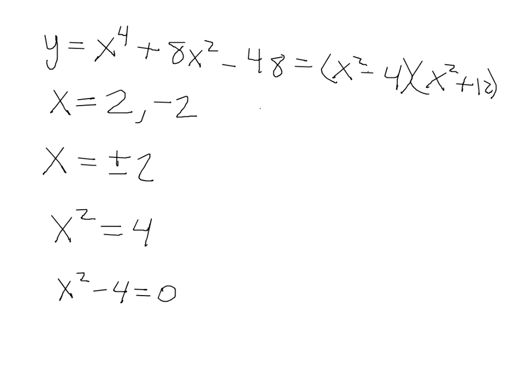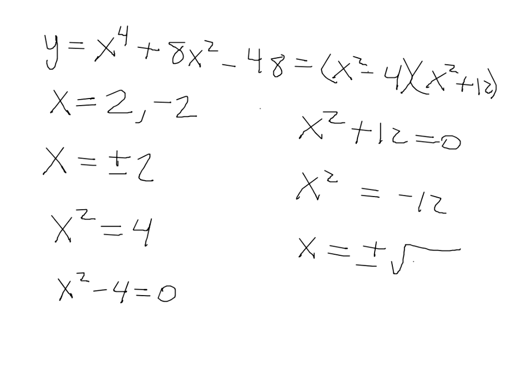So I've already gotten the zeros from here. So I need to take care of the zeros from here. And at this point, everything is the same as it was on the other one.